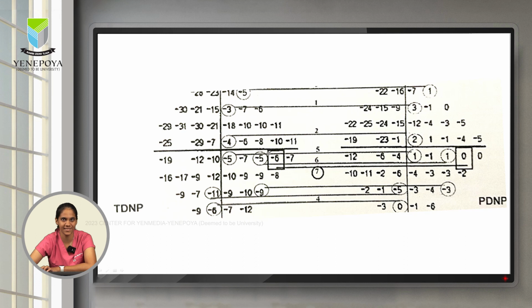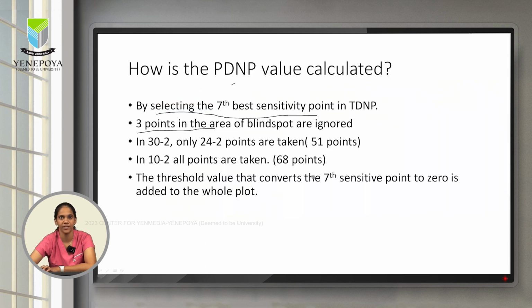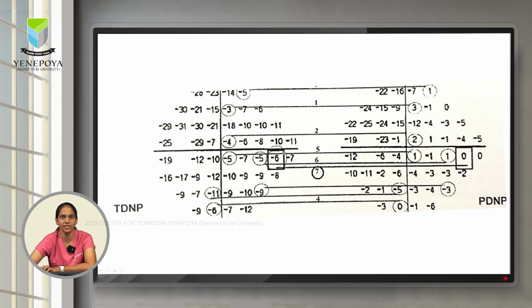If you see, -6 is the 7th sensitive point, the 7th point in the order. So that point you are going to convert to 0. If you have to convert this -6 to 0, you have to add +6 to it, right? So each of these points you add +6 to it. So -4 + 6 is 2, -3 + 6 is 3, -5 + 6 is 1. You are making sure that this point becomes 0.